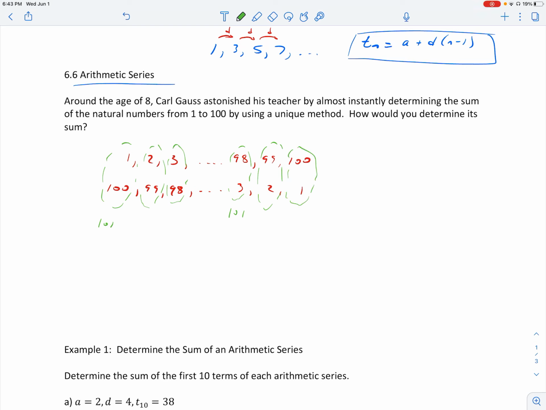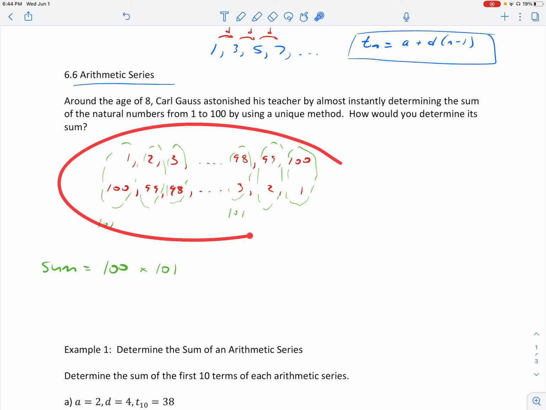We know there are 100 of these because it's the natural numbers from 1 to 100. So there are 100 terms, and we'll write the sum here. The sum is equal to 100 terms times 101. We're finding the total of all of these, which is really easy.